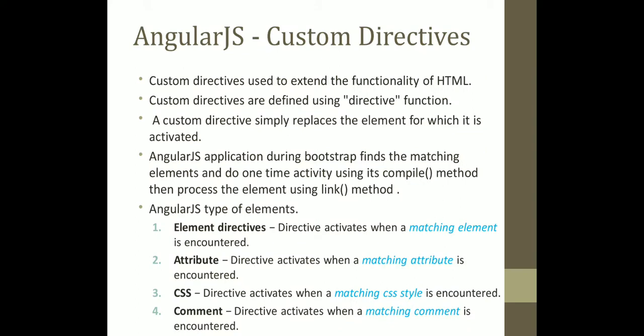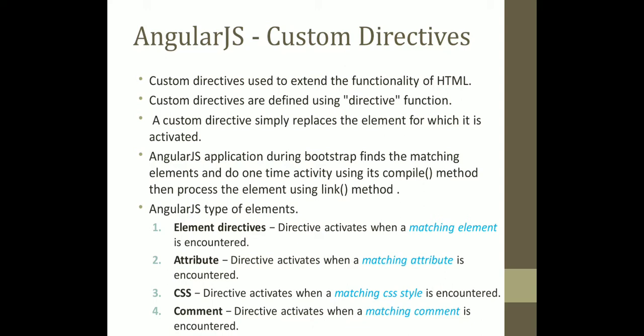Custom directives are used to extend the functionality of HTML. They are defined using the directive function. The custom directive simply replaces the element for which it is activated. What it will do is simply replace the element for which the directive is defined.